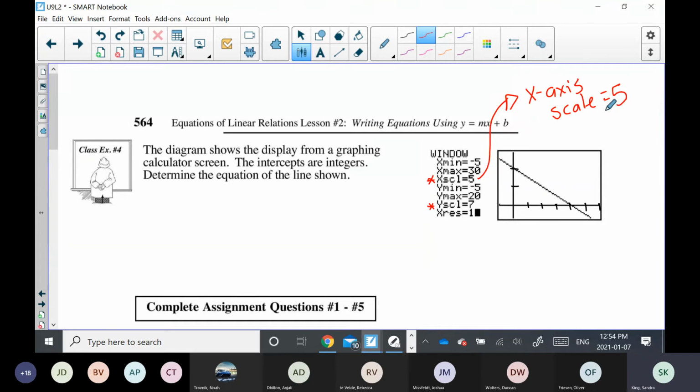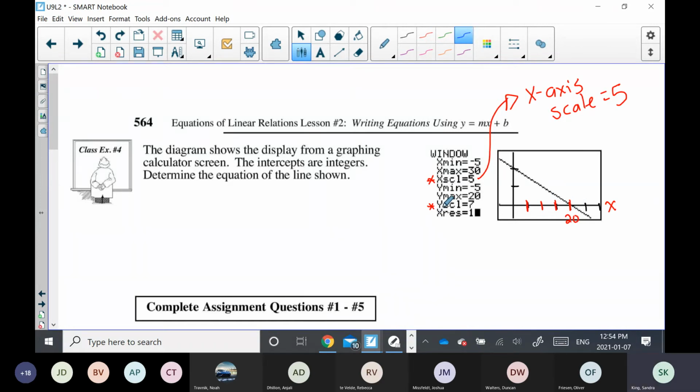What that means is, if they want the scale to be equal to 5 on my x-axis, each hatch mark is worth 5 units. So this would be 5, 10, 15. This guy here is 20. So your x-intercept is 20.